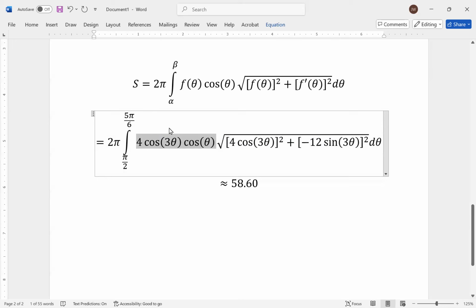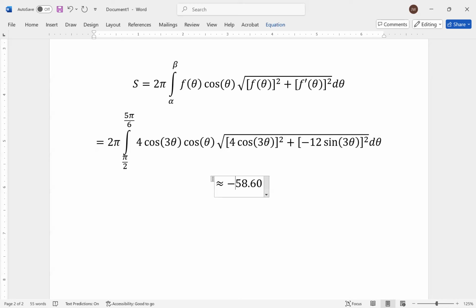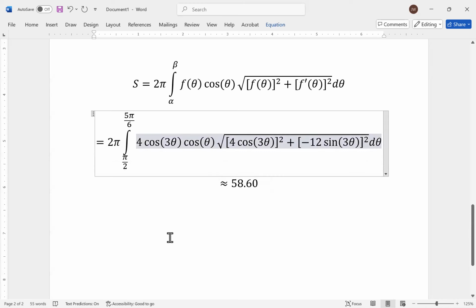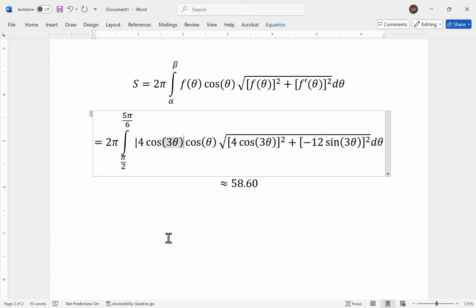So I got a negative x value, which was a negative radius, which led to a negative 58.60. Again, if I don't want that, just realize that technically I should have had a positive radius. Technically, but not a big deal.